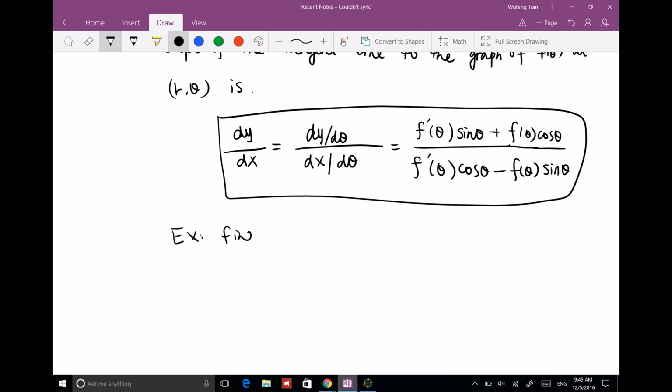Find dy over dx and the slope of the tangent line at the following points.